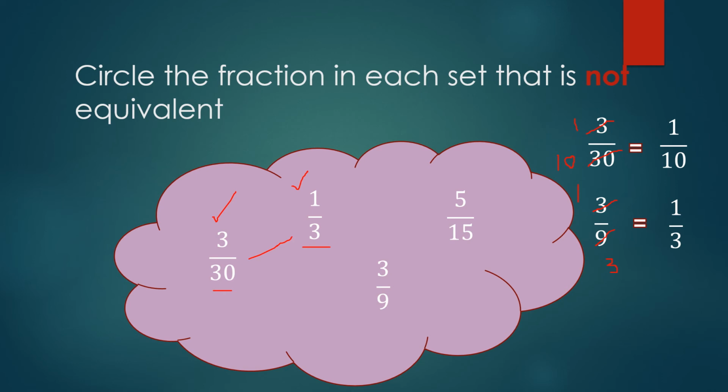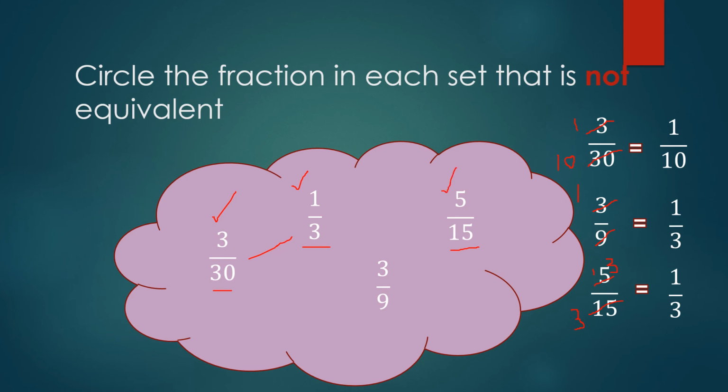Because 1 upon 3 and 3 upon 9 are equivalent to each other. But just to be sure, we are also going to check our last fraction, which is 5 upon 15. So 5 ones are 5 and 5 threes are 15, right? So we know that 5 upon 15 is also equivalent to 1 upon 3.